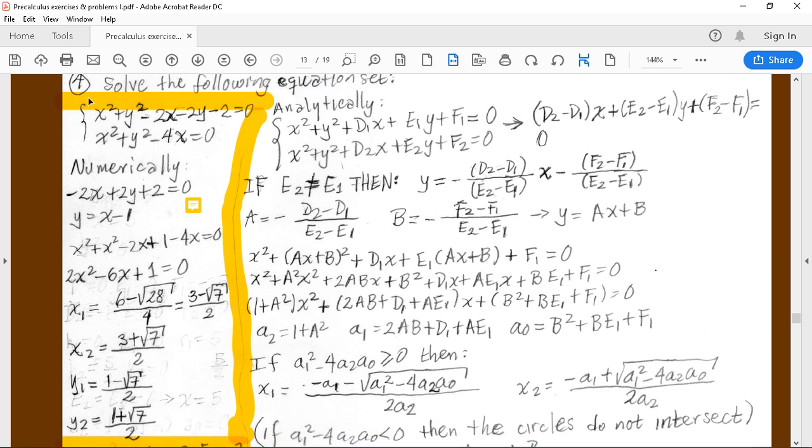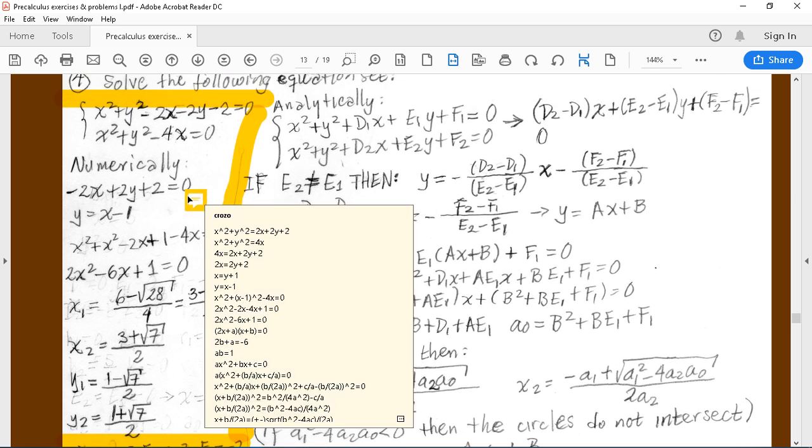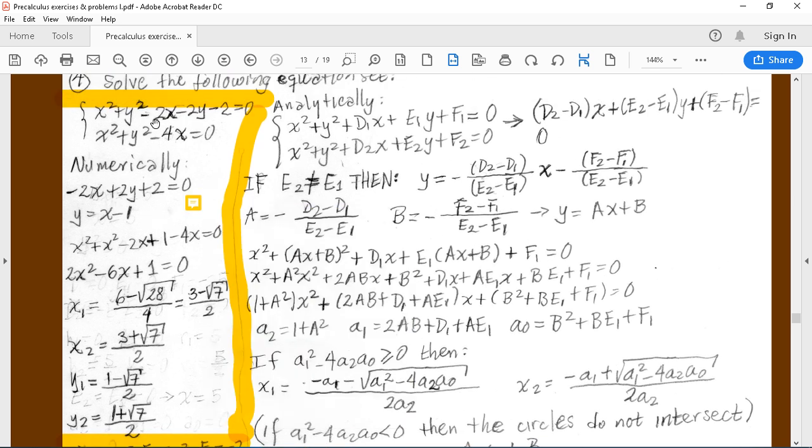Here we can see that we can simply subtract, and that way we eliminate the x squared plus y squared terms. So we're going to subtract the first equation from the second equation. That means we are left with minus 4x plus 2x plus 2y plus 2, which gives us minus 2x plus 2y plus 2 equals 0.